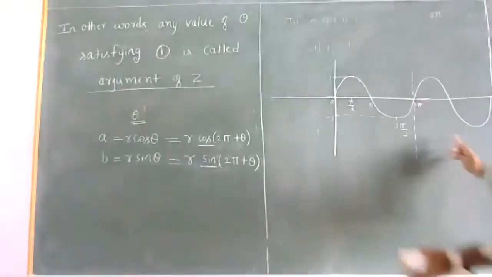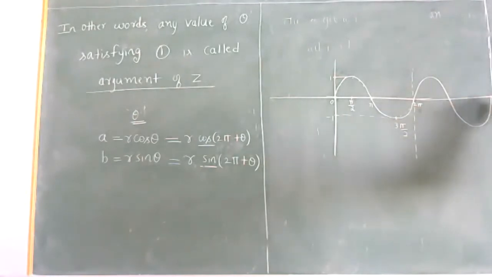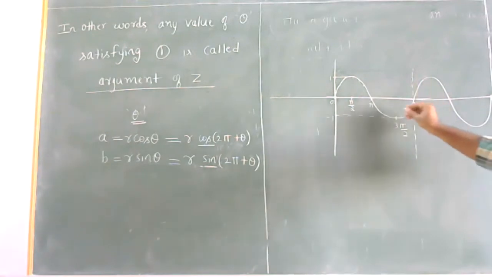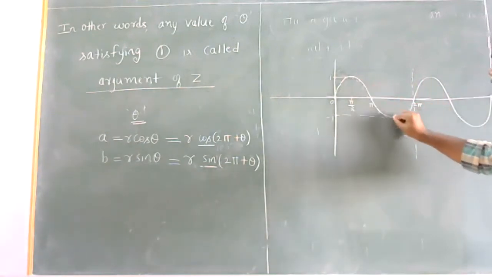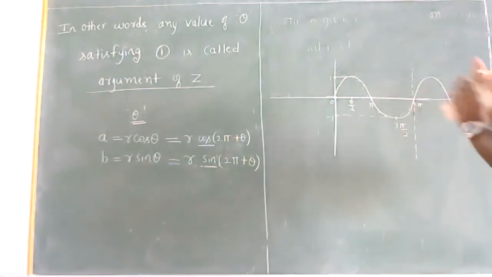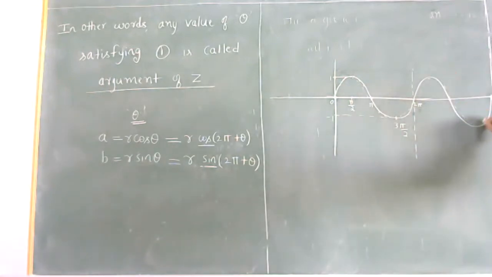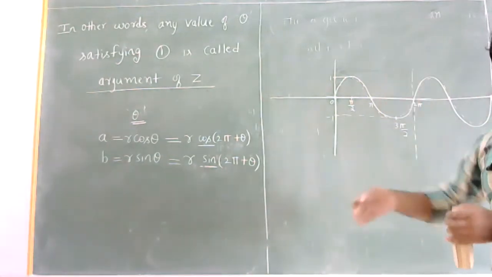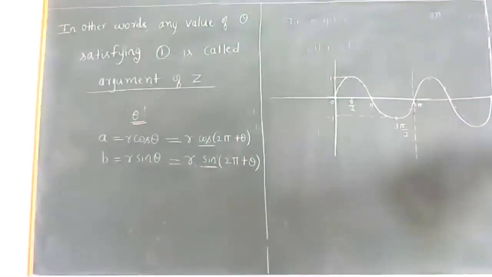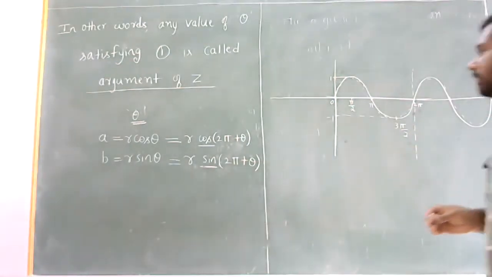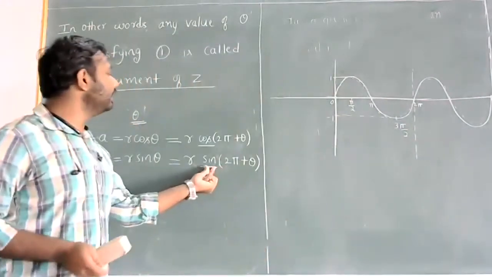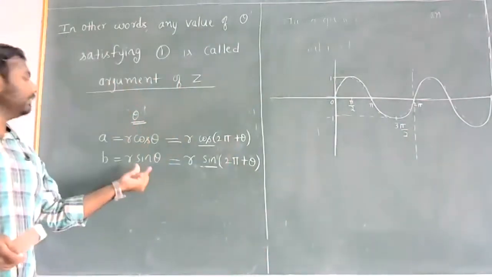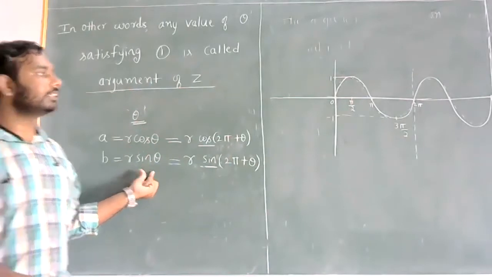And now come here. It is 2 pi, till 4 pi. You can observe here that the values taken by sine in this interval are the same as the values taken by sine in this interval also. That means sine is periodic. It takes same values in some definite intervals. So sine of 2 pi plus theta is again sine theta itself.